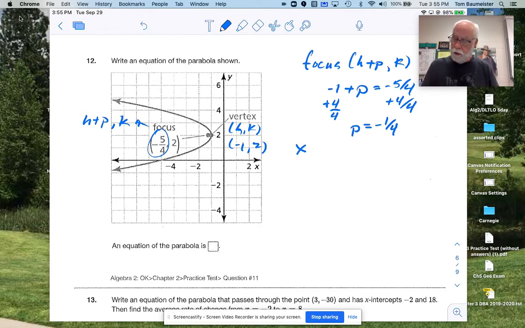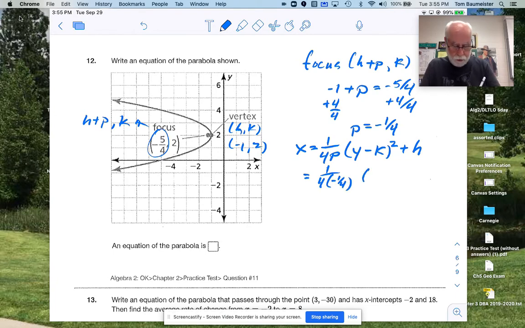On this one here, we can write this as x is equal to 1 over 4p. And I'm just writing down our formula right now. Y minus k squared plus h. Remember, on the notes, I told you when it says x equals, the h and the k get switched. So in this case here, I got 1 over 4 times -1/4. Well, that's going to be a nice one for us.